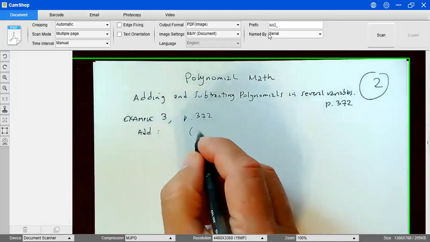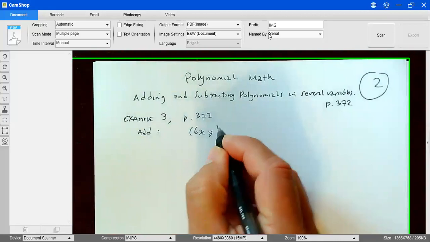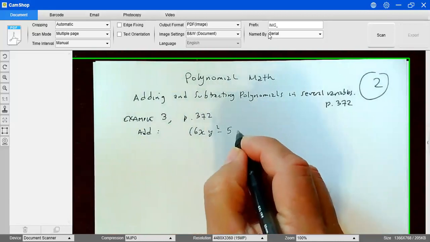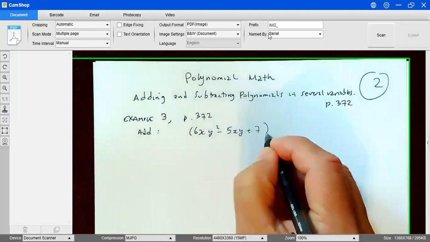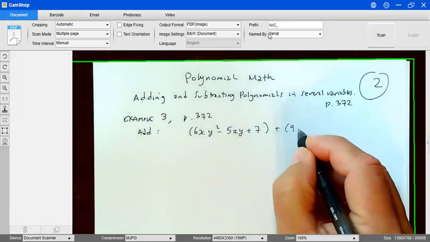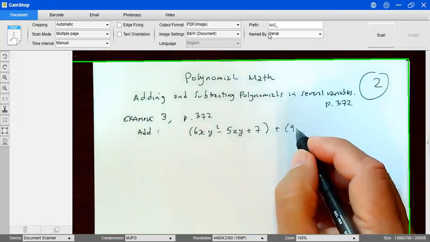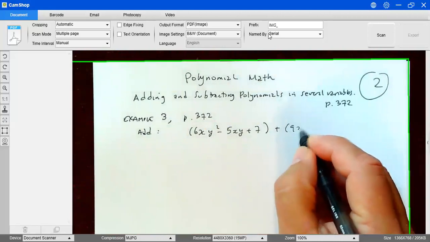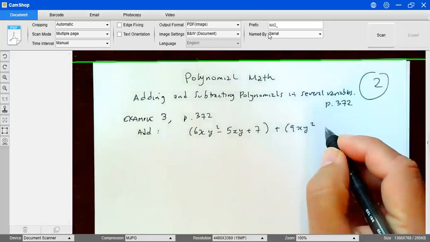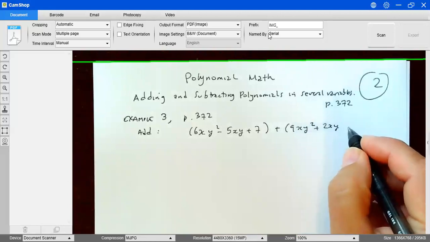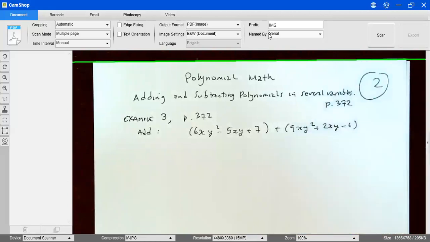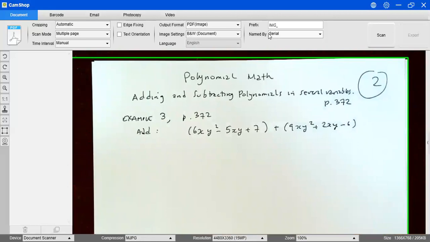We have 6xy squared minus 5xy plus 7 plus 9xy squared plus 2xy minus 6. So we're going to write this addition vertically.